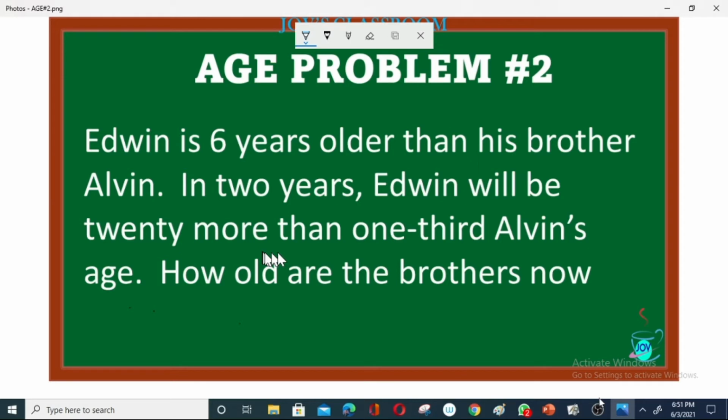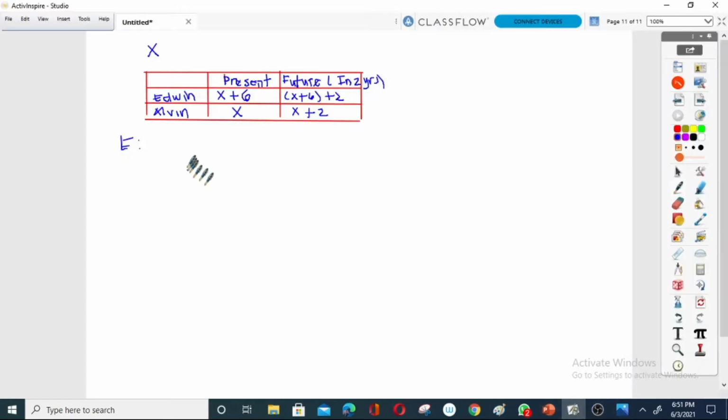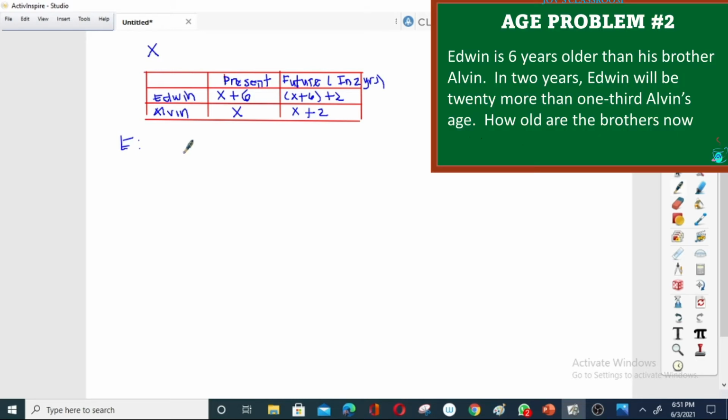Edwin will be 20 more than one-third Alvin's age. So Alvin's age is X plus 6, 7, 8, this is 8.